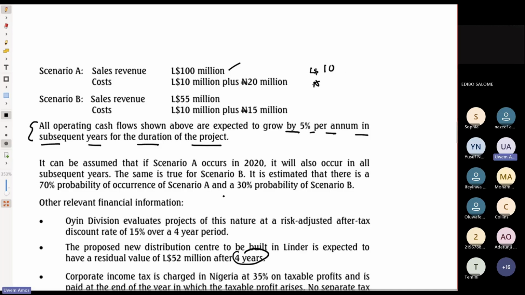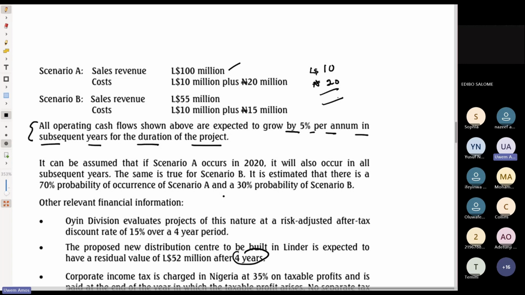and 20 million Naira. Guys, can we add these two values together directly? No, we can't, because they are both in different currencies. So because we are dealing with Lindarian dollar, we need to convert the Naira to Lindarian dollar. It's more like somebody telling you, see $100, see 1,000 Naira. You cannot say 1,100 because they're different currency. So you need to convert the dollar to Naira so that you know the total value in Naira, or you convert the Naira to dollar so you know the total value in dollar.